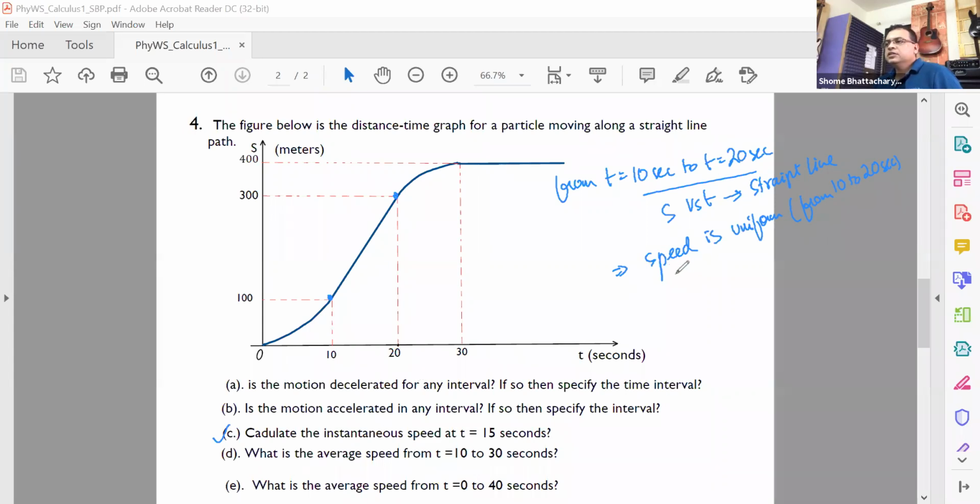Okay, so when the speed is uniform, the average speed for the interval is equal to the instantaneous speed at any point of time between this, which is equal to delta S by delta T. You can calculate from this that at the end of the interval it is 300 meters. At the beginning of this interval, so this is my delta S, and this is my delta T. It's basically this slope.